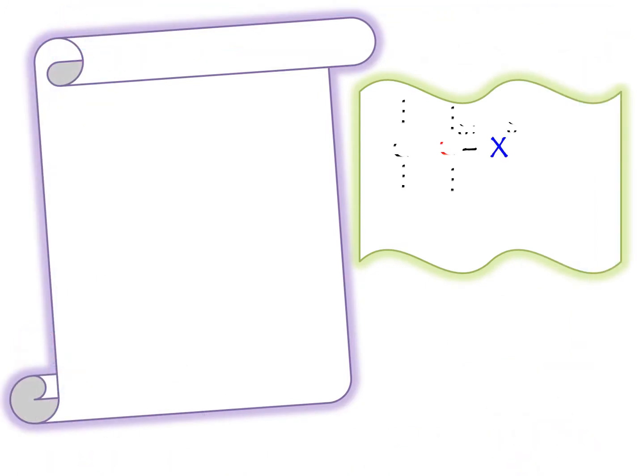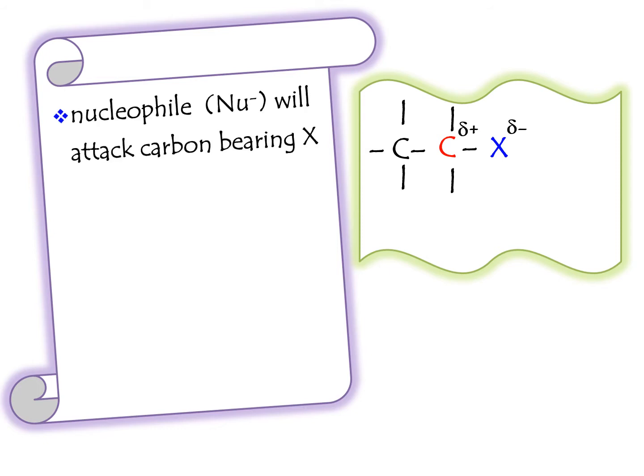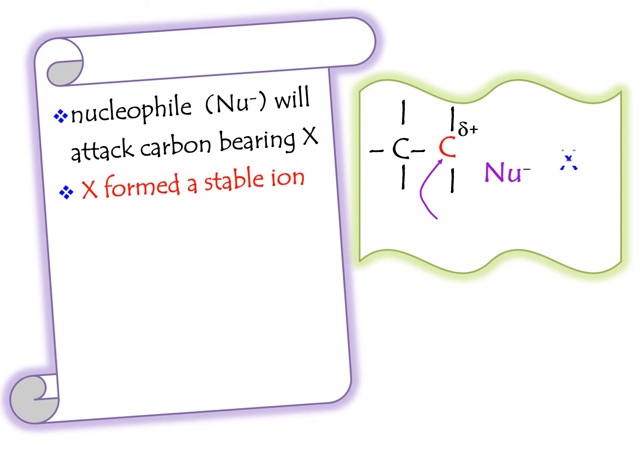This is a general compound of haloalkanes. The nucleophile will attack the carbon bearing the halogen atom X. The bond between carbon and halogen atom X will break, and both of the electrons from the bond will be moved toward halogen atom X. X forms a stable ion, X-.